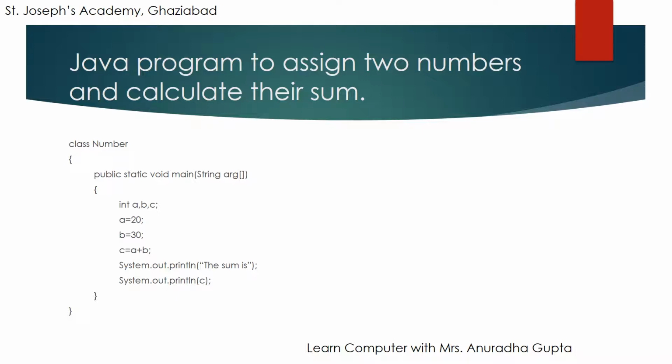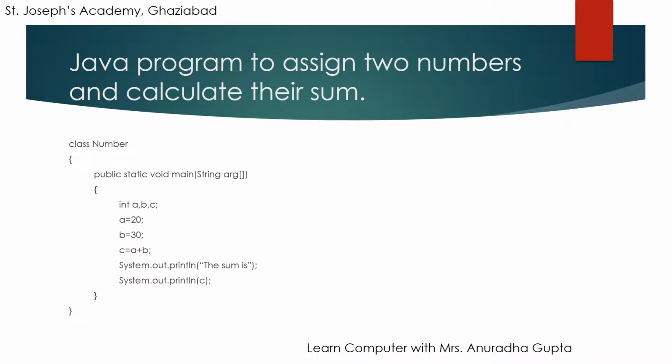Inside this curly bracket we write our program. In the first line we have declared three variables a, b, c with the data type int. It means all these three variables store integer type values. In the next line we have assigned 20 to variable a, and in the next line 30 to variable b.